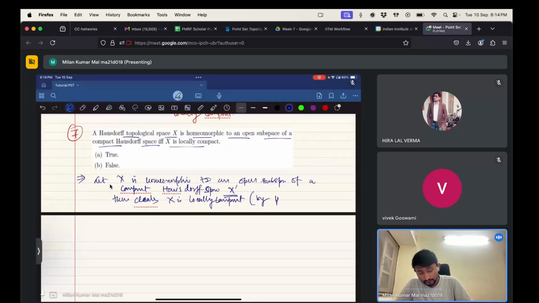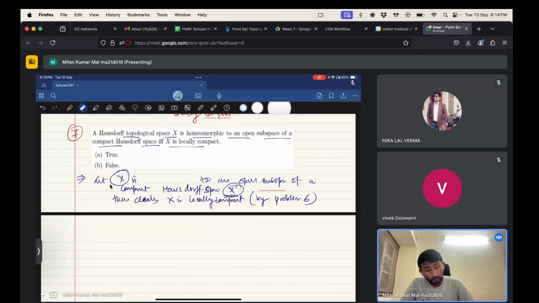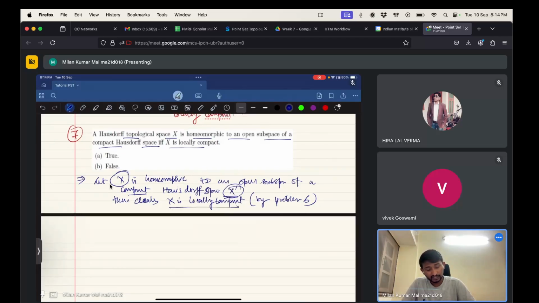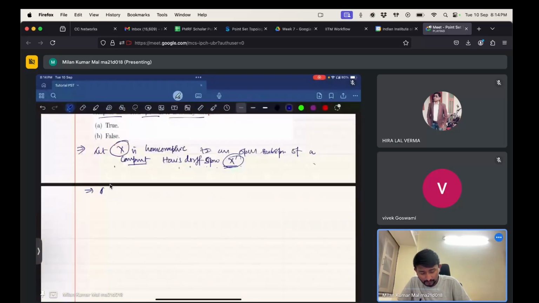by problem 6. Problem 6 proves that an open subset of a locally compact space is locally compact. Now here, X dash is compact, so X dash is locally compact.